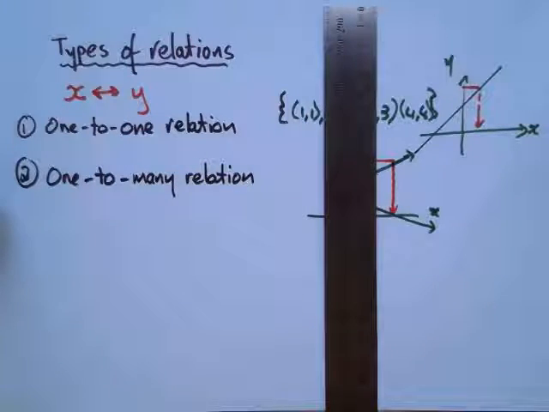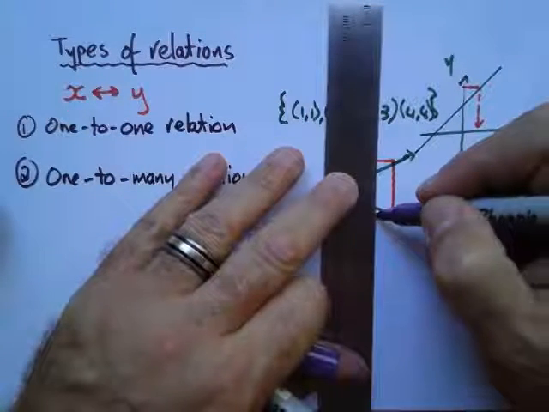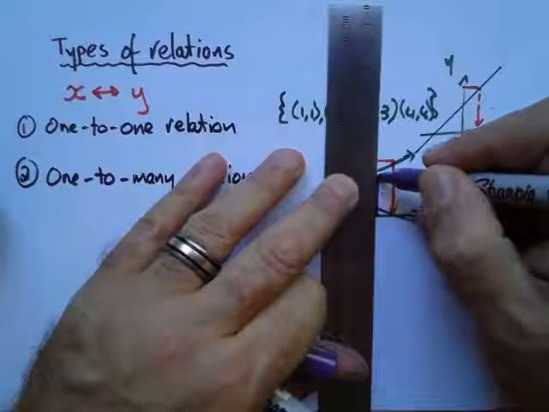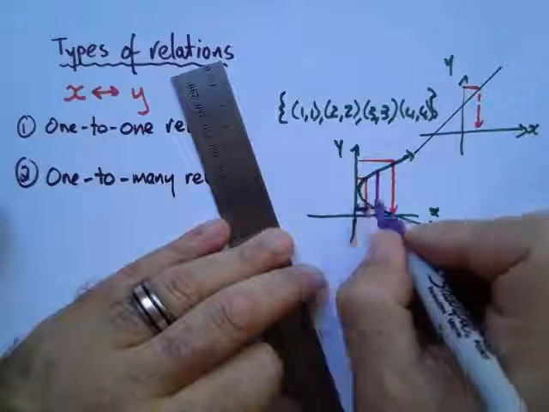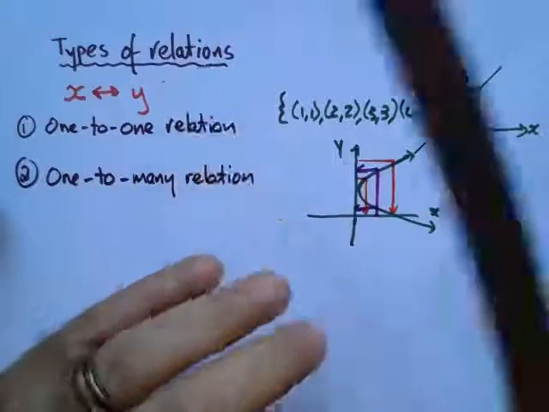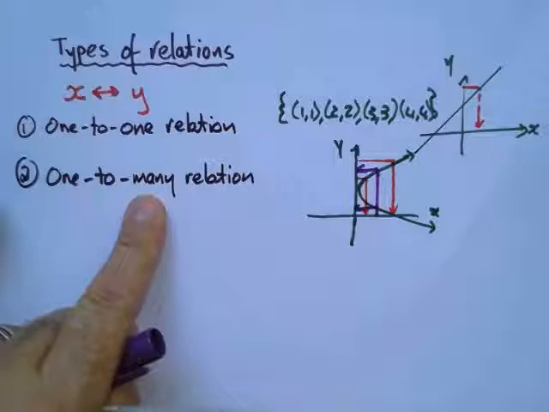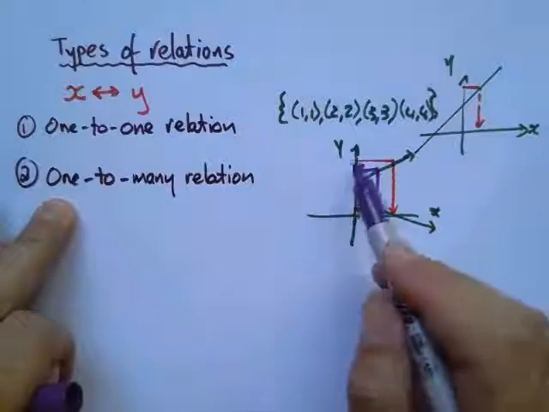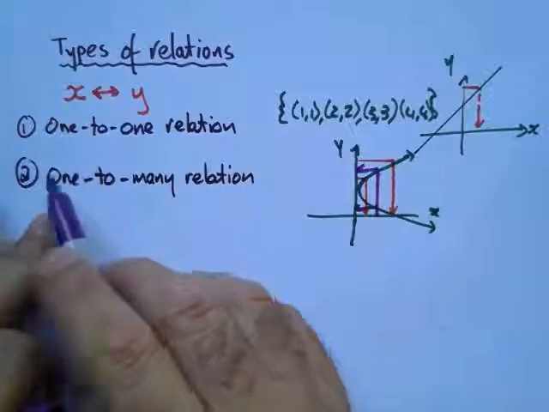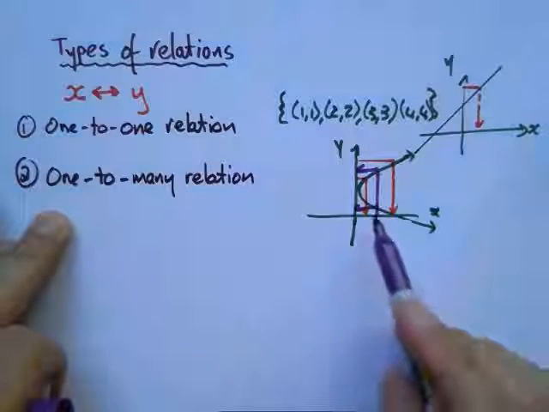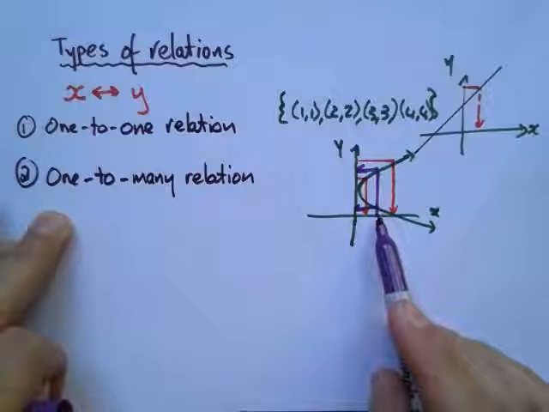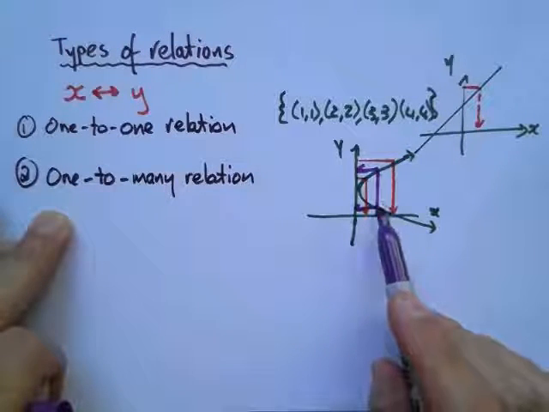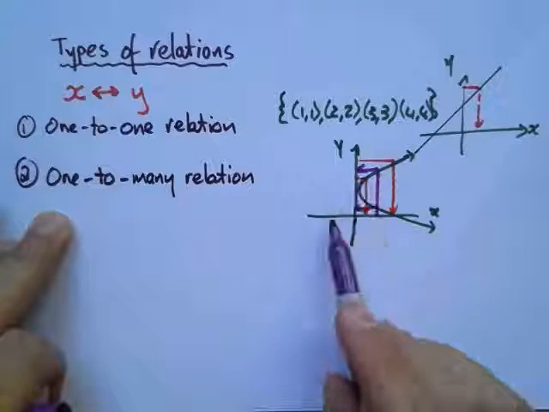With x values, in some places, for one x value, I have 2 y's, which means many y's, and that is why the many is there. So it's one x because for every one y value, there's only one x, but for some x values, there are many y values.